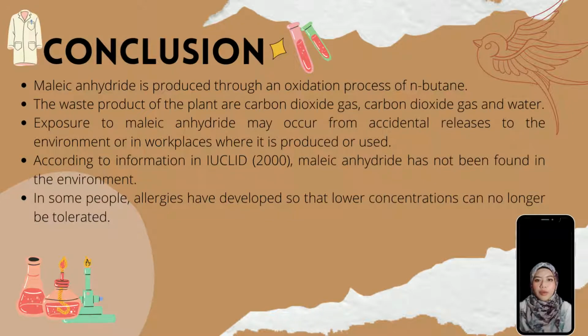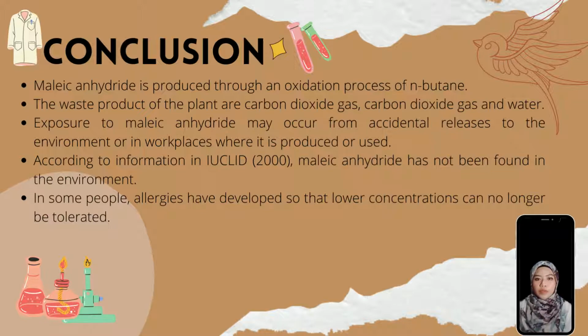Exposure to maleic anhydride may occur from accidental release to the environment or in workplaces where it is produced or used. Acute inhalation exposure of humans to maleic anhydride has been observed to cause irritation of the respiratory tract and eye irritation.